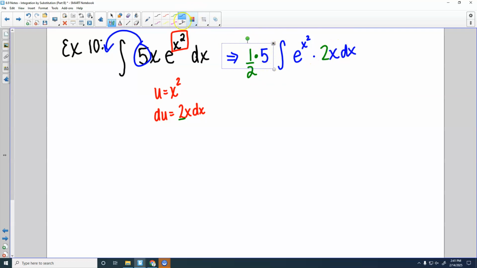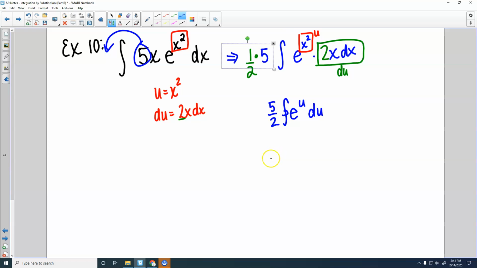So whenever we do this, our x squared is our u, and then all of this stuff right here is our du. So we have 5/2 integral e to the u du.